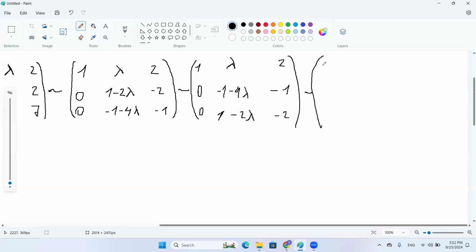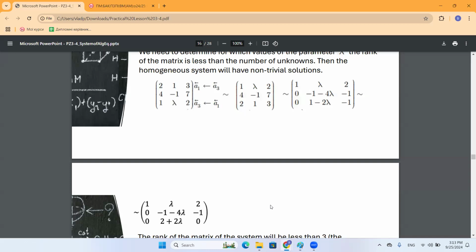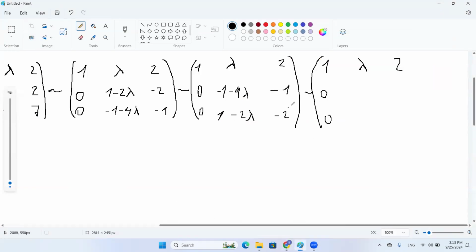Okay, and now let's continue. So let's add. Am I doing everything correctly? Yeah, so let's eliminate this part. So set 0 here for now.